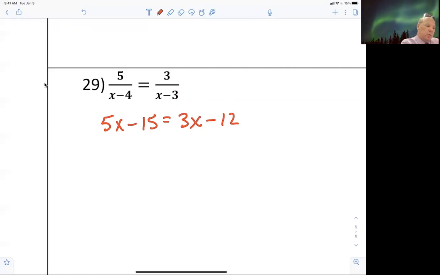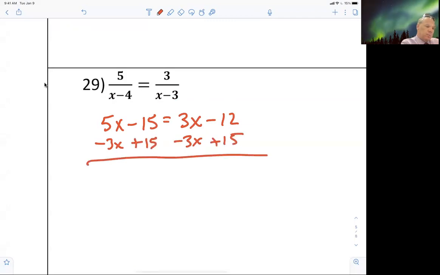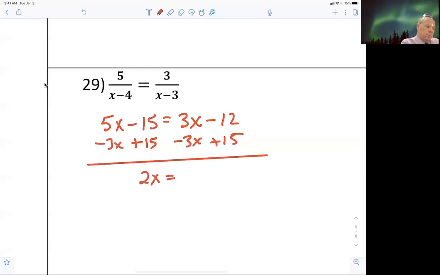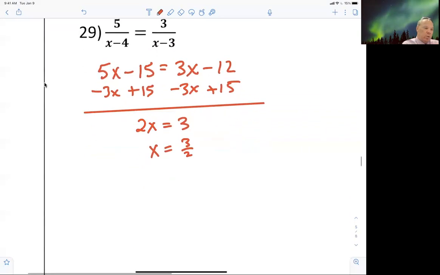If you move the 3x, obviously the negative 3x, and you move the negative 15 over to make a positive 15. Good. And it would be 2x equals 3. So it would be x equals 3 over 10. You are capable of doing all of this. You better make an A Friday. Practice. I mean it. All right, now get busy on the next one. Don't wait for me.